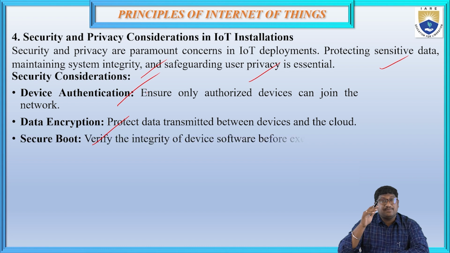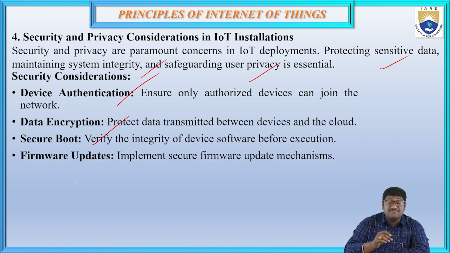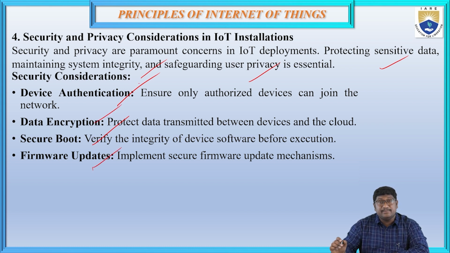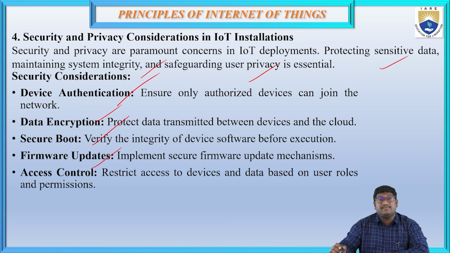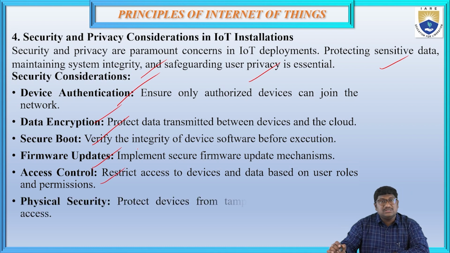Data encryption, where data is protected when transferred between devices. Secure boot: we need to verify the integrity of the device software before execution. Firmware updates: we need to implement a secure firmware update mechanism. Access control: you need to restrict access to device data based on user roles and permissions.